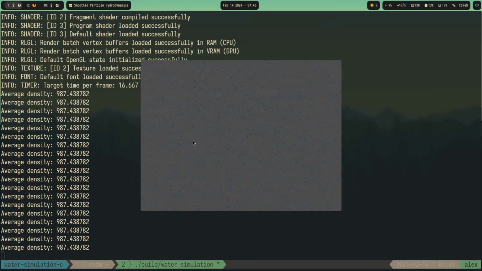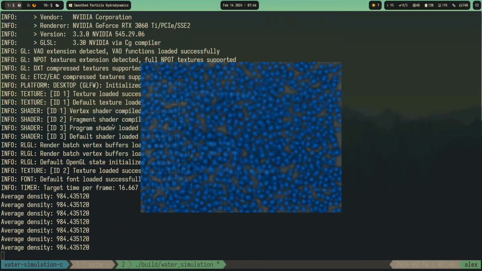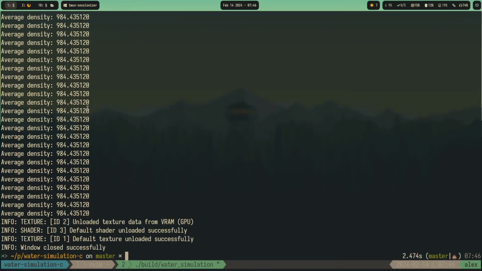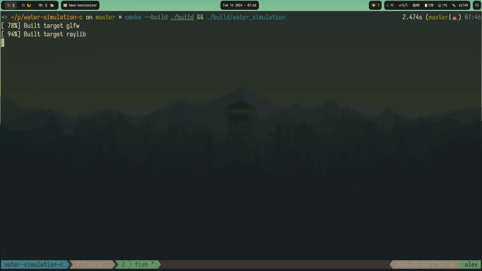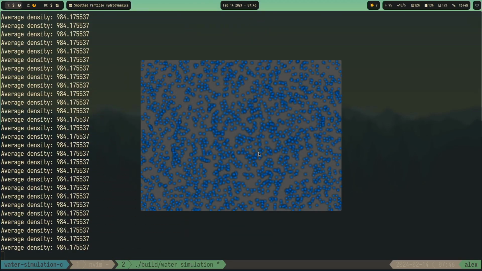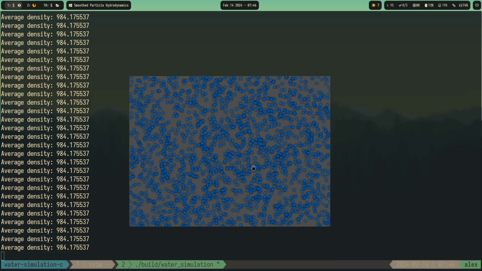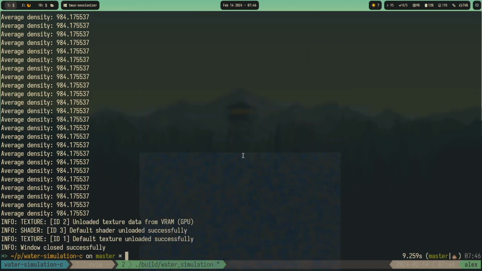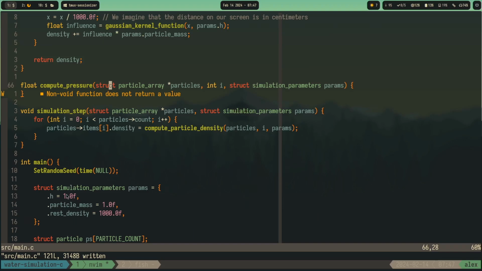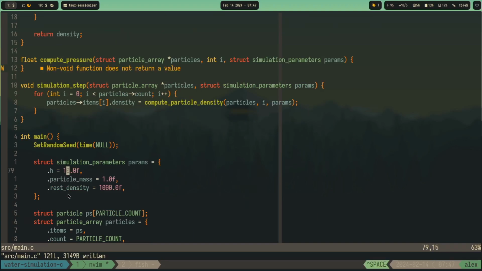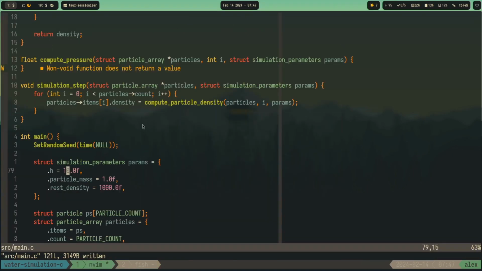Let's go again. It's too small. Let's make it like this. I mean, it's decent. So now we are closer to like real stuff, I guess. If we make this larger, then yes, see, now the density drops. Interesting.